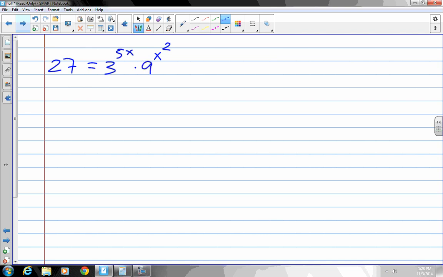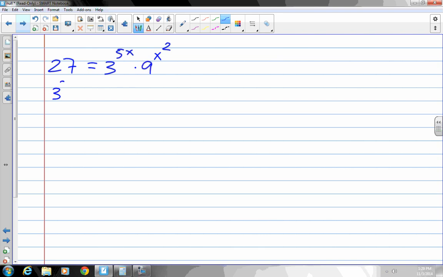But again, it would be a lot easier if I can manipulate each number in there, each base, so it all has a similar base, same base. So 27, 3, and 9 can be expressed as powers of what number? 3.